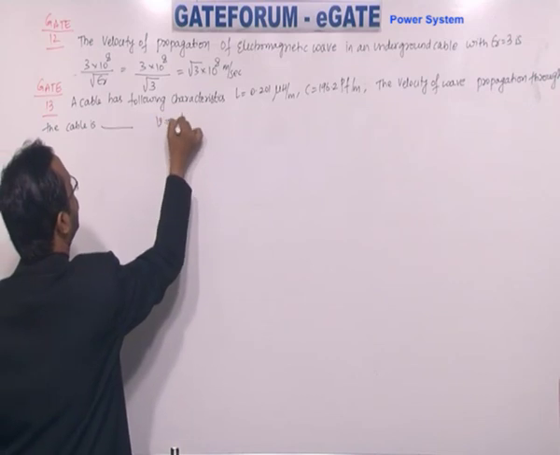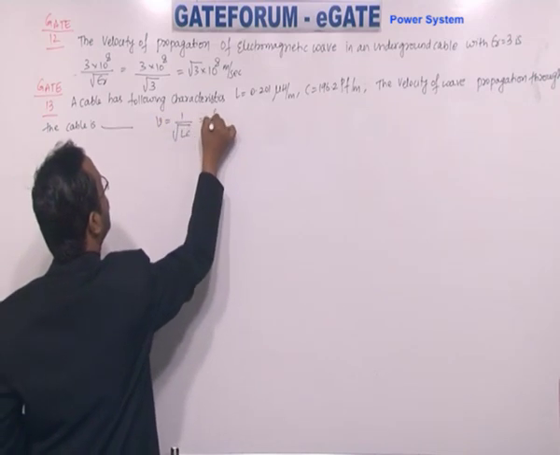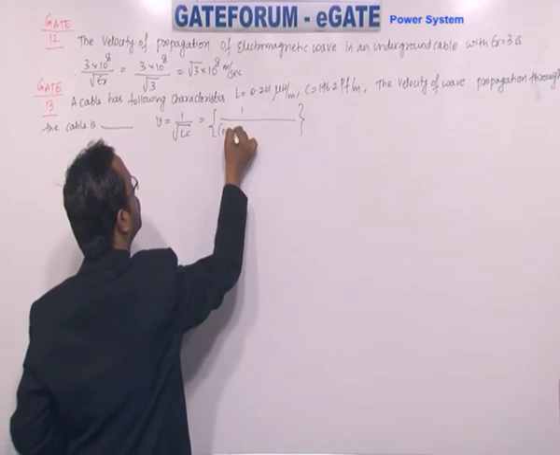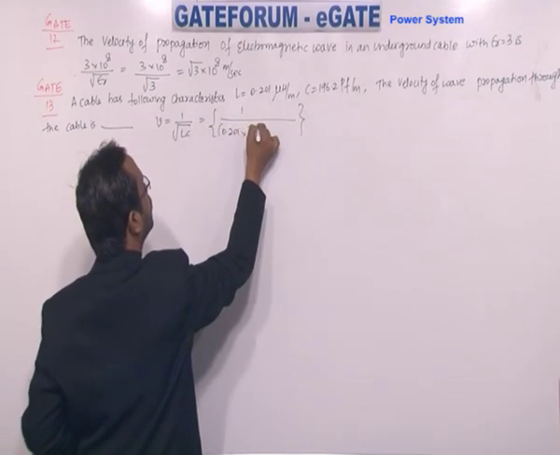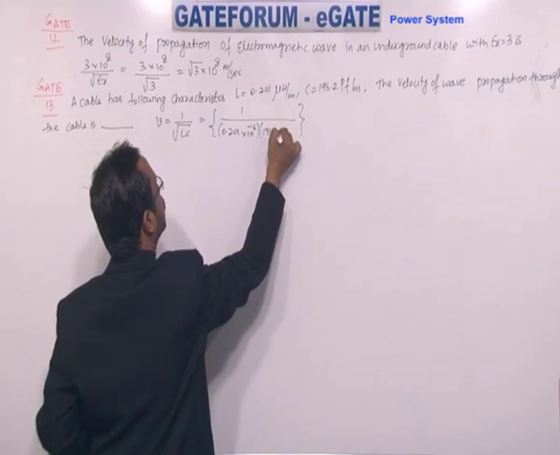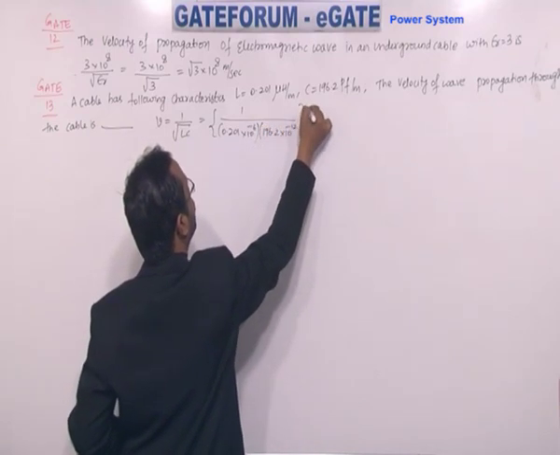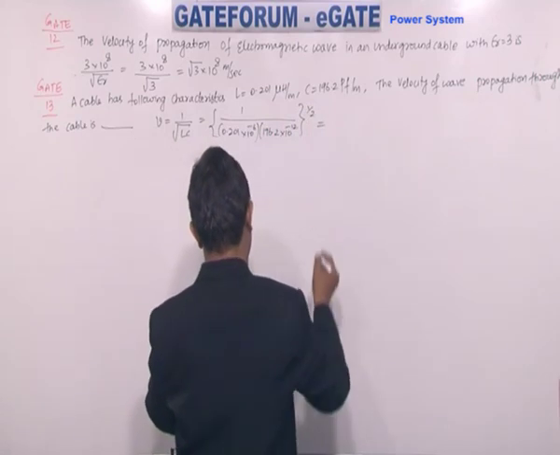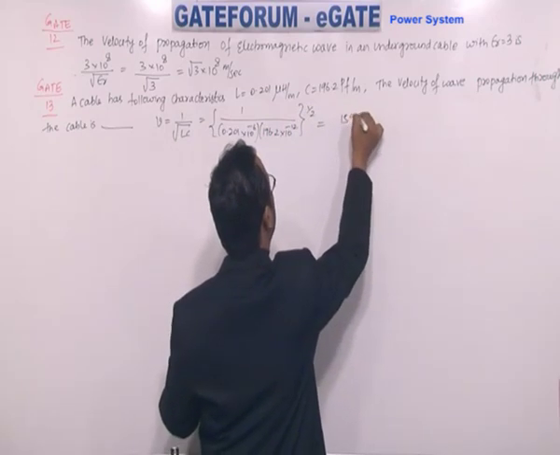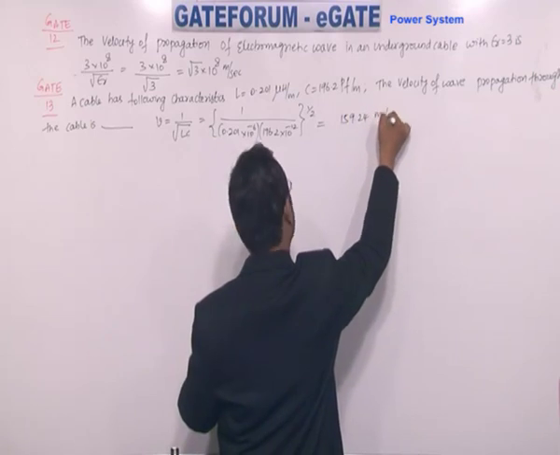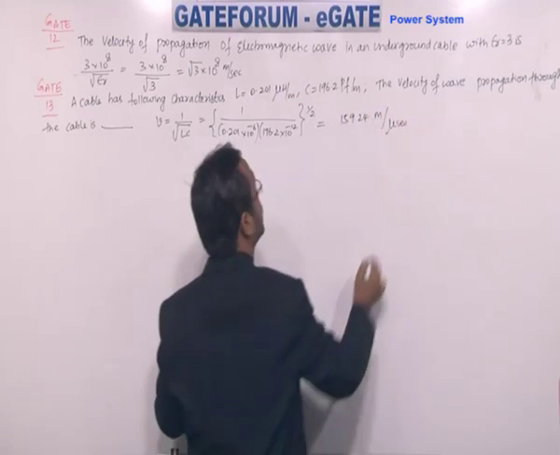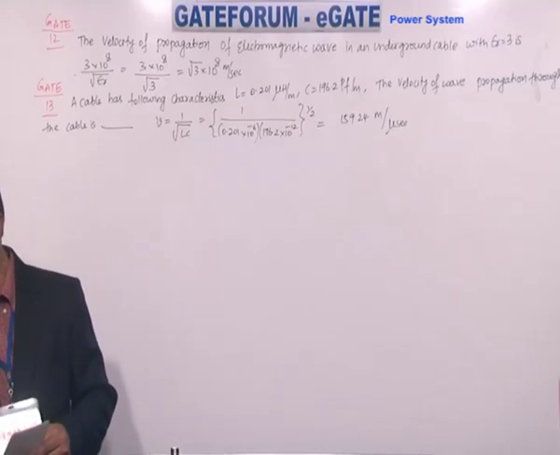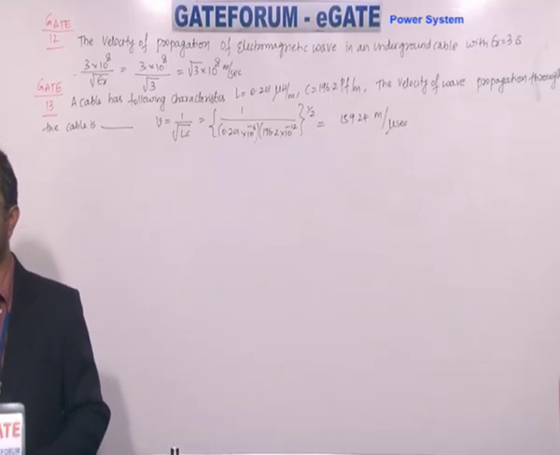Formula is 1 by root LC. You know the value of L, 0.201 micro, C 196.2 picos. On simplifying this, you get the answer 159.24 meters per microsecond.